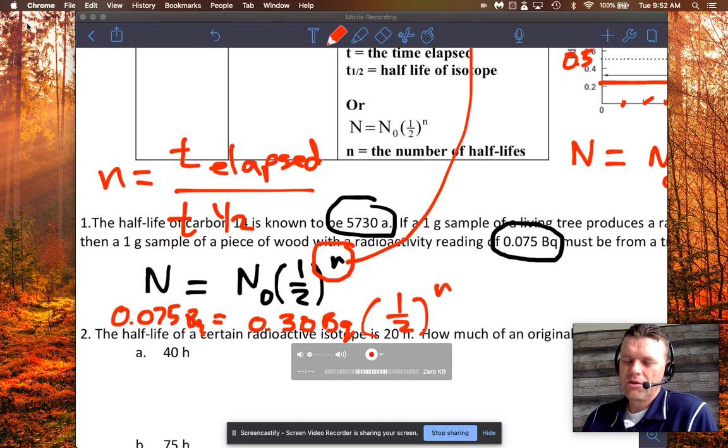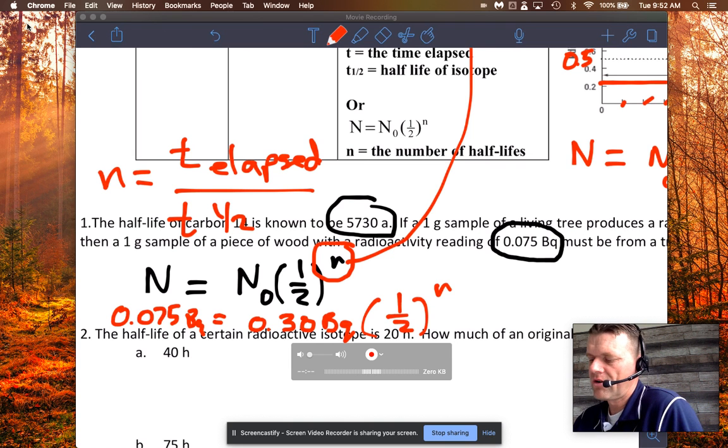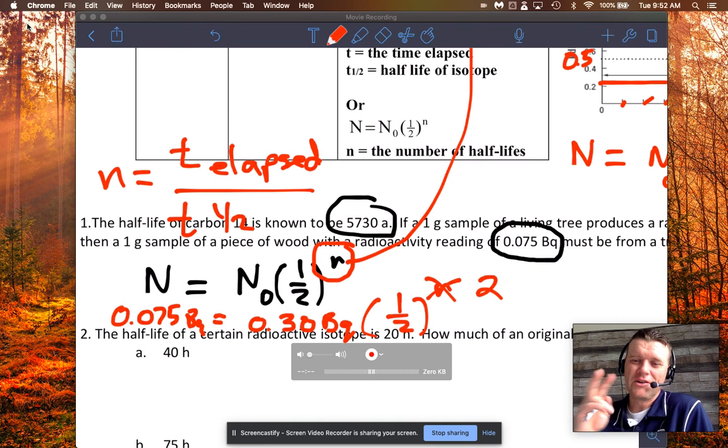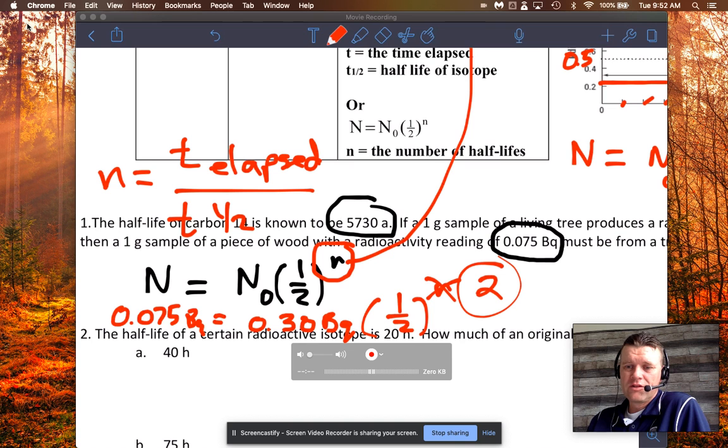Just without even doing logarithms, we determined that n has to be 2, because if I multiply 0.3 by 0.5 twice, then I get 0.075 BQ.